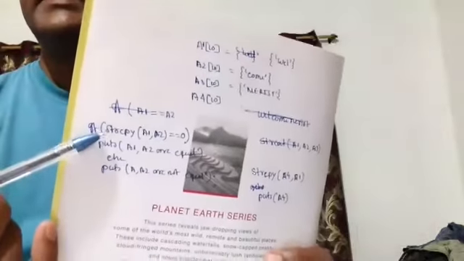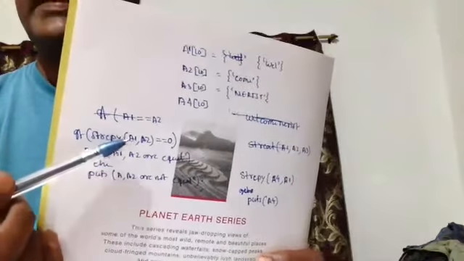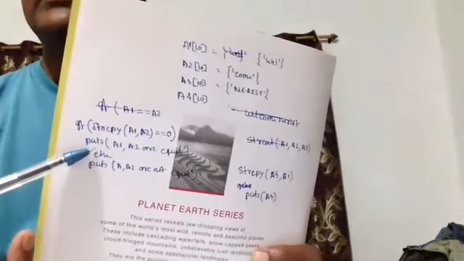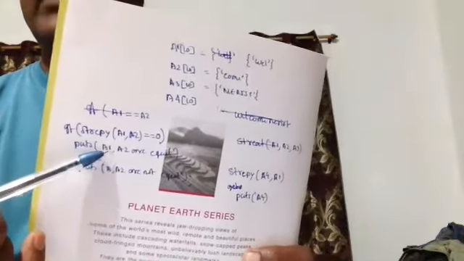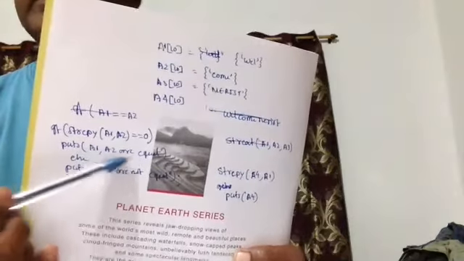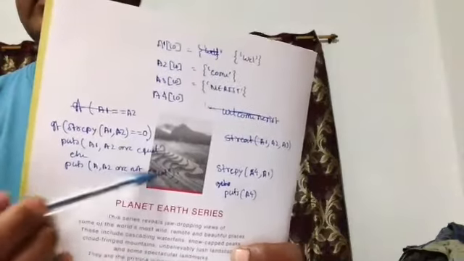If this is the example, strcmp A1 comma A2 means these two will be compared, whether both values are the same or not. But it seems that this is not the same, so it will return nonzero. It displays A1, A2 are not equal; first equal, else not equal.